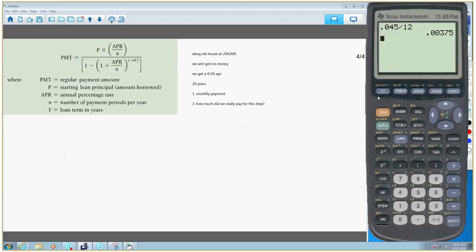What I'm doing is I'm trying to show y'all how to do this without even writing the problem down. Store alpha fraction. All right, now P is 200,000 times fraction, alpha F, equals 750. And store that as alpha N.